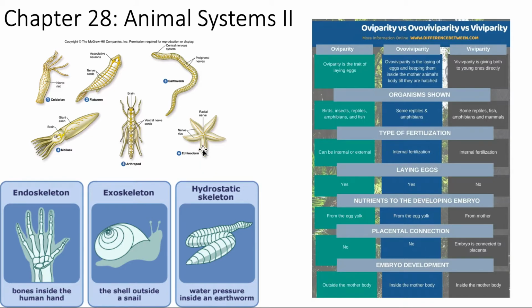You get starfish here, but you get echinoderms, which have what are called nerve ribs and a radial nerve. And then you have chordates, which are going to use a brain and central nervous system, and that's typical of what you would expect. Now, remember, a porifera or a sponge is not on here. They don't have tissues. Remember, we're talking about tissues and organs. But if you notice, they are spread out throughout the body, and the reason for that is they're going to respond to stimulus from the environment as well as inside.